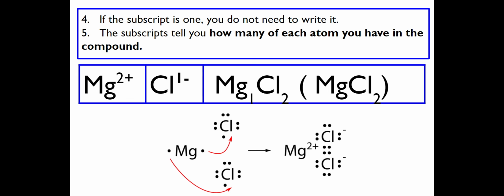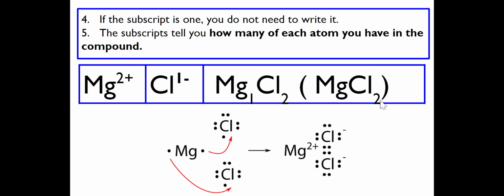Okay, so there are a couple more detailed things about how to write this formula. So again, these are called subscripts, which are in the foot. Those are called superscripts. Whenever there's a 1, you don't need to write it. So magnesium chloride, you just don't bother to write the 1. This represents there's 1 magnesium. Okay, so this one is magnesium chloride.